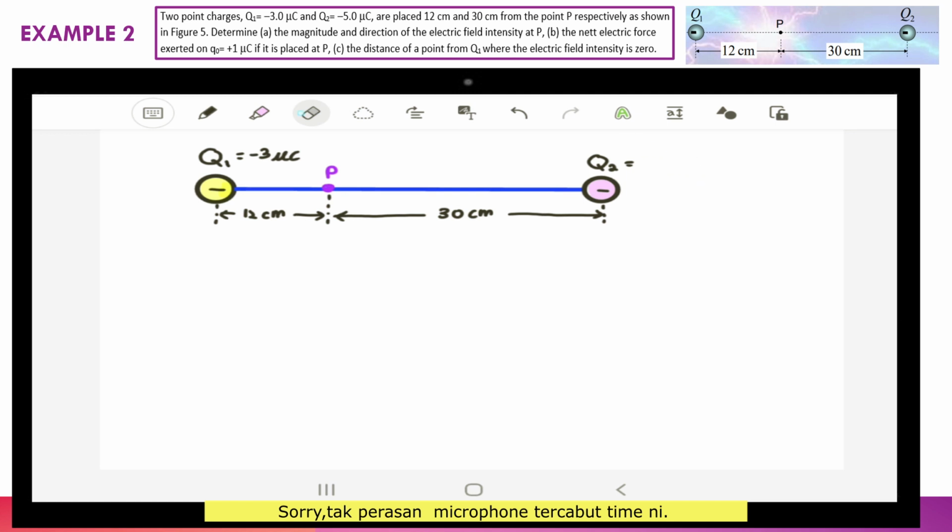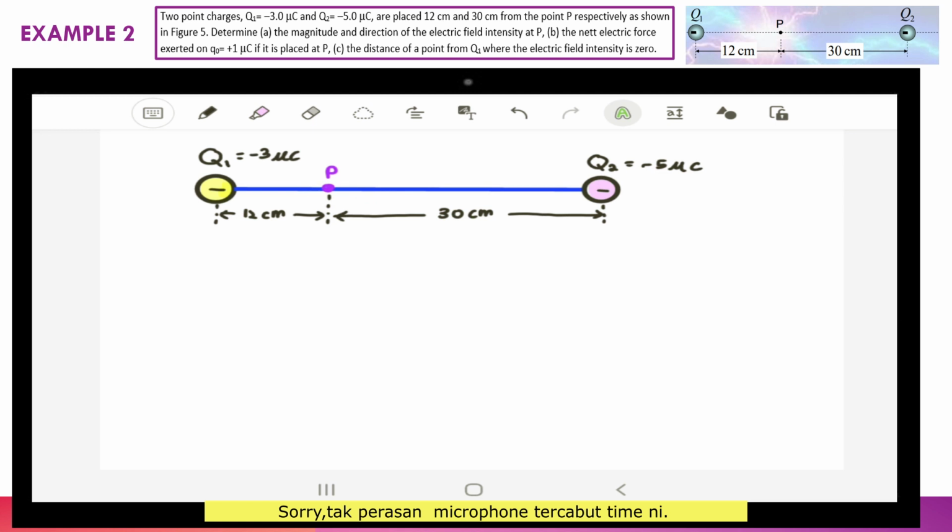They are placed 12 centimeter and 30 centimeter from point P. If you can see from the diagram here, Q1 is 12 centimeter to the left of point P, where Q2 is 30 centimeter to the right of point P. Now we want to determine the magnitude and direction of the electric field intensity at point P.